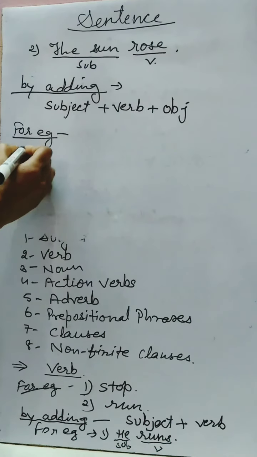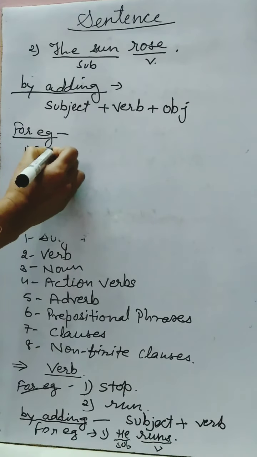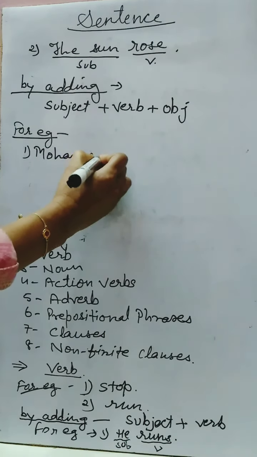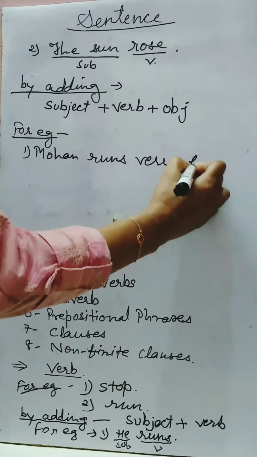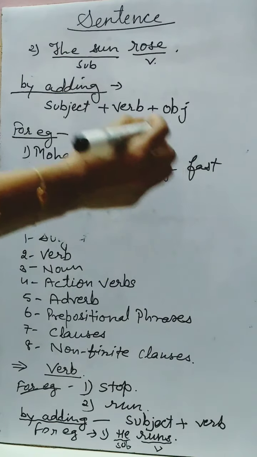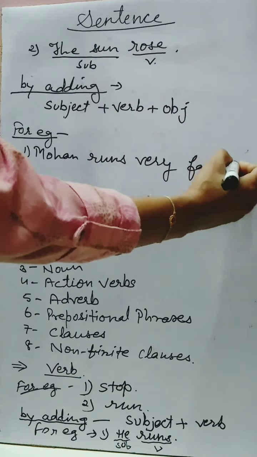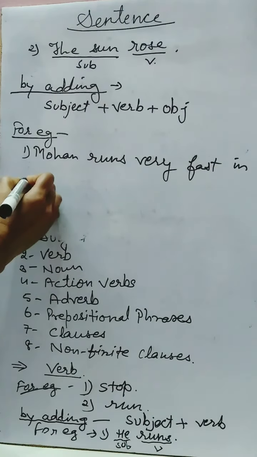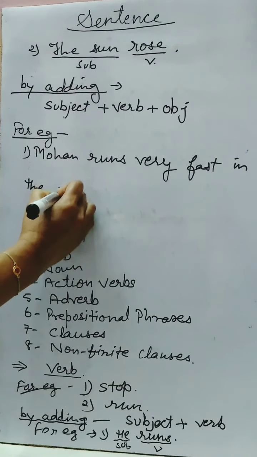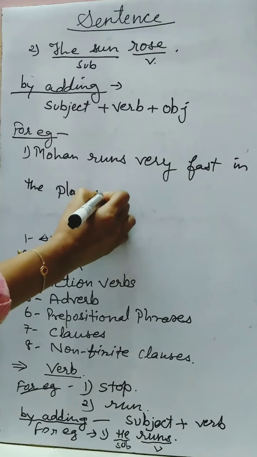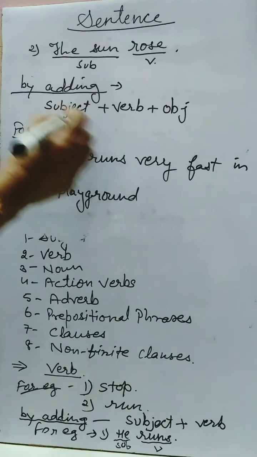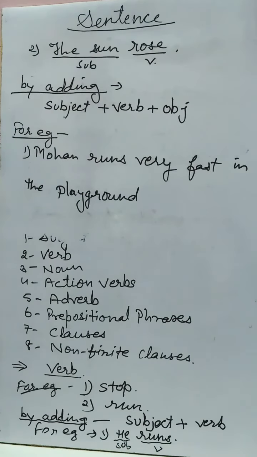Now, see the example. For example, Mohan runs very fast in the playground. I am writing here.